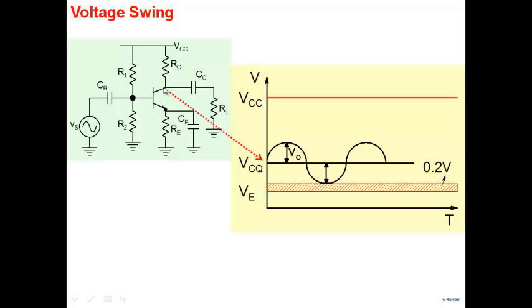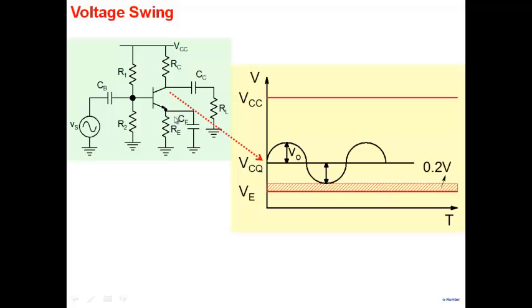Before that, let's note there are a couple of voltages here. I know that my voltage at any point in a circuit like this will not exceed VCC, so we've drawn one line here showing that limit. That's VCC. The other line that I've drawn on the lower side is VE.